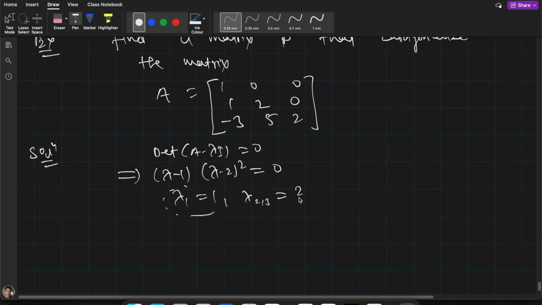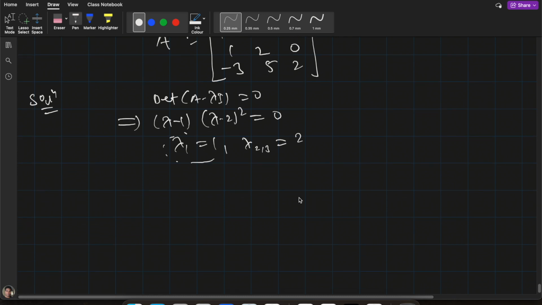So the matrix P will be singular or non-singular? It would be non-singular. How? Both the eigenvectors, which means that the matrix P will be invertible, right? Yes. Okay, you are correct.